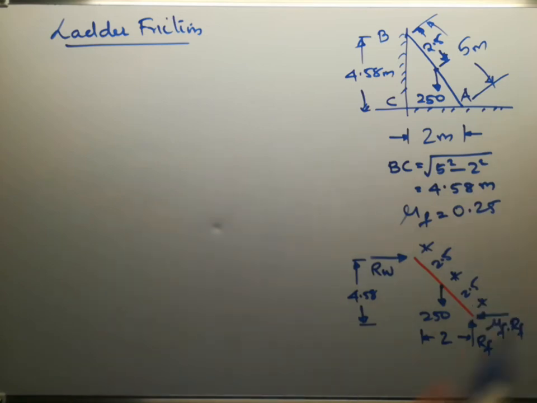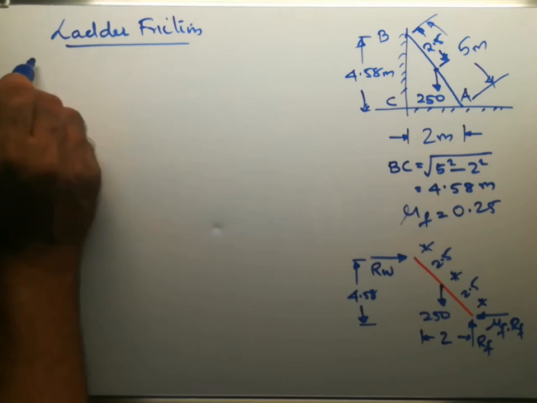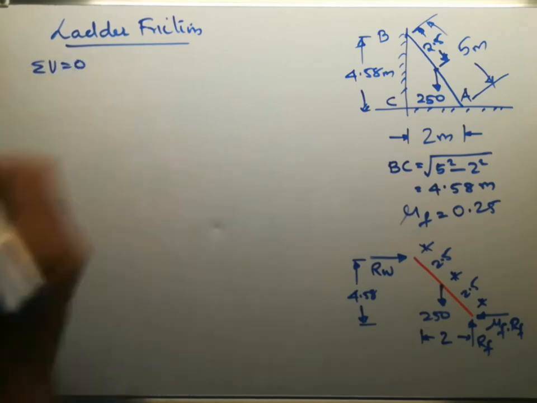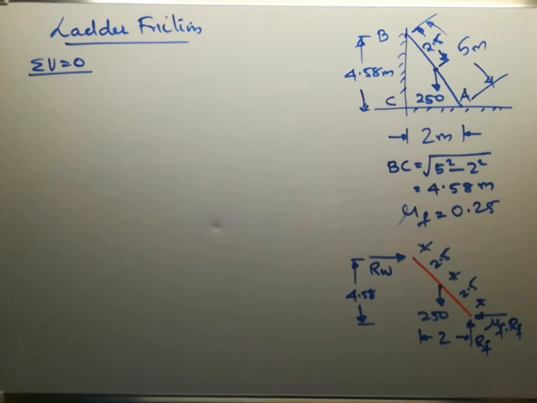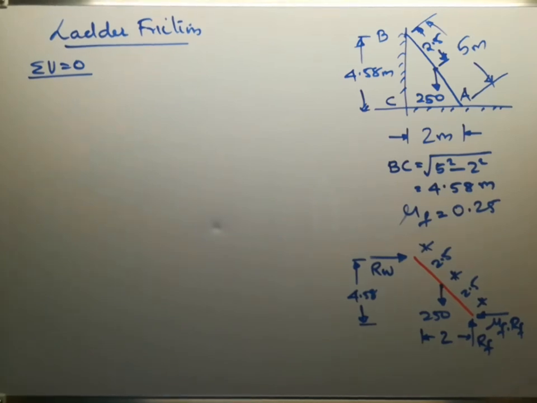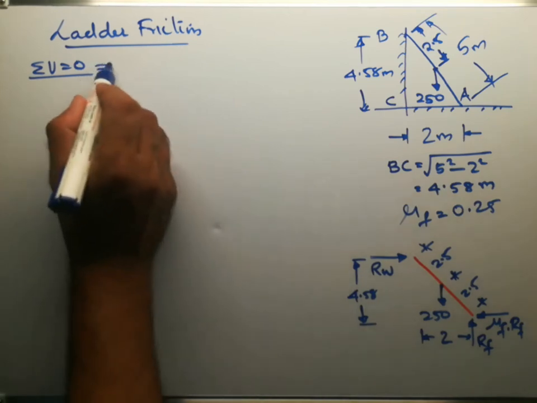Now, first of all, let us find out RF. How can we find out RF? As the ladder is not moving in the vertical direction, we can apply the equilibrium equation sigma V equal to 0. That is, the algebraic sum of vertical forces acting on the ladder equals 0.